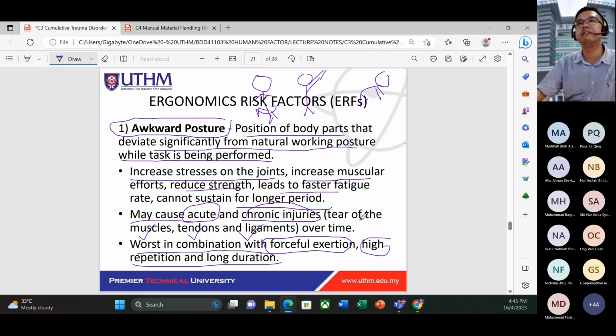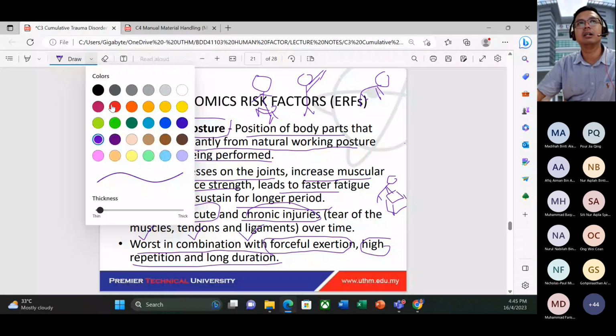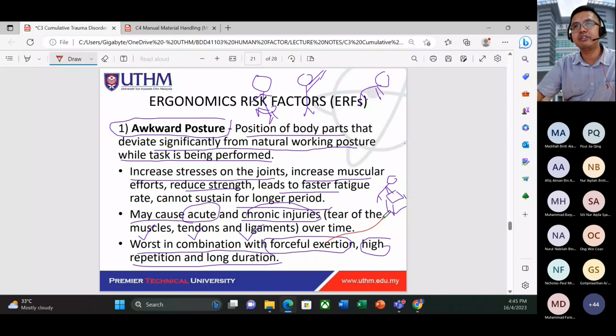For example, this is awkward posture, and then carrying heavy loads, the red color, is forceful exertion, with high repetitive motion and long duration. Let's say this worker needs to repeat 345 times to lift the heavy box per day, with more than 2 hours per day or 6 hours total per day, it can increase the MSD risk.